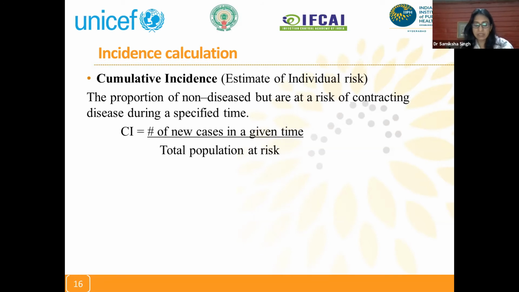Non-sepsis population admitted in your SNCU who is at risk of getting sepsis becomes your denominator. Okay, that is your cumulative incidence.